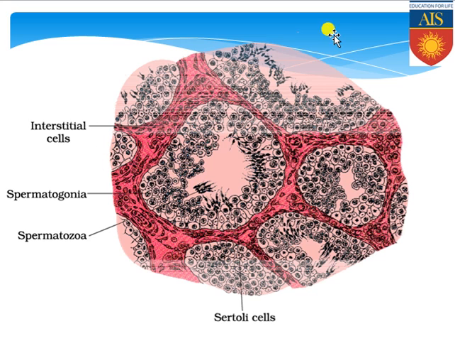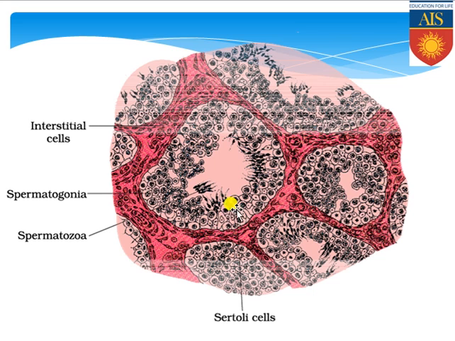So many seminiferous tubules are present within the testicular lobule, so that's why we can see this many cavities. Keep it in your mind, in this pink region we can see so many cells, and these cells are actually interstitial cells of Leydig, which are present in between the seminiferous tubules. And keep it in your mind, these spaces are commonly known as interstitial spaces.